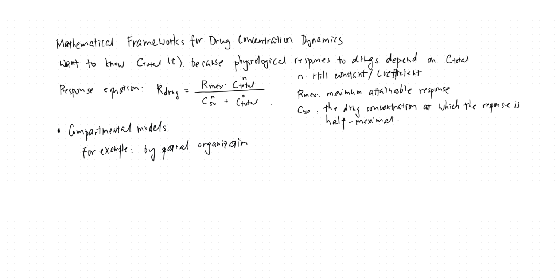You model this as one compartment, this is another compartment, this is another compartment. Each rectangle is a compartment. So you may have 1, 2, 3, 4, 5, 6, 7 compartments. Within each compartment, the concentration is considered the same, and the mass transfer is between compartments.